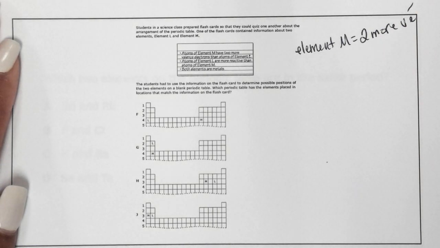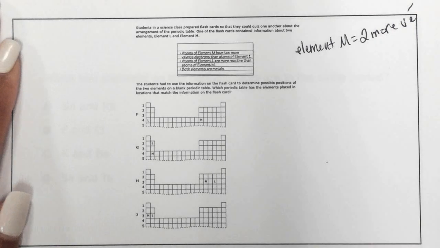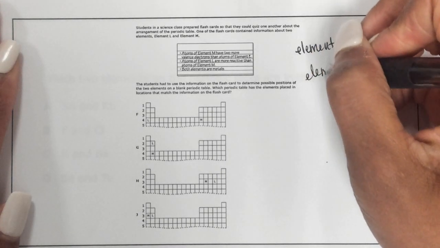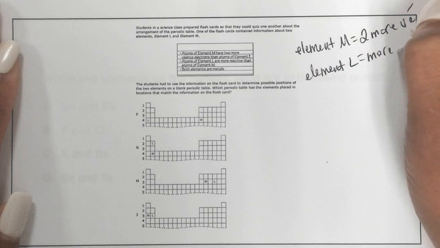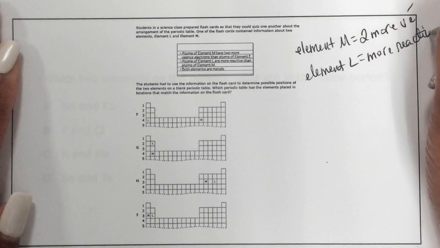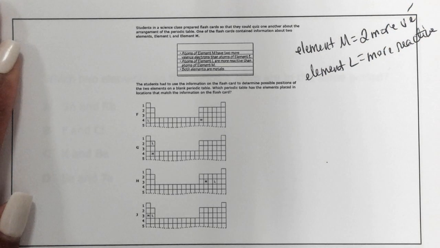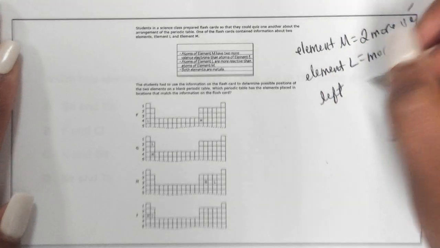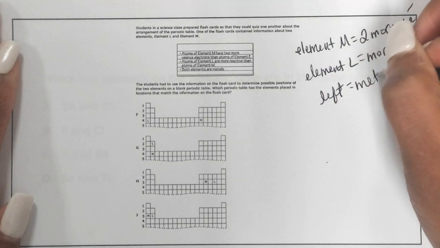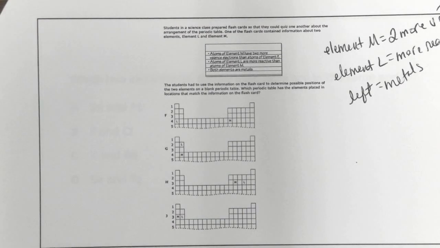Atoms of element L are more reactive. So element L is more reactive. Both elements are metals, so that means that they both have to be on the left side, because the left side of the periodic table is metals.